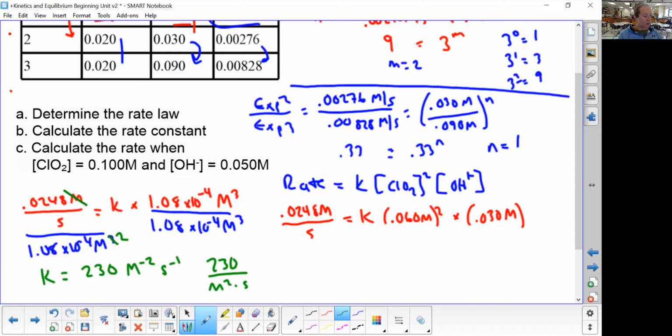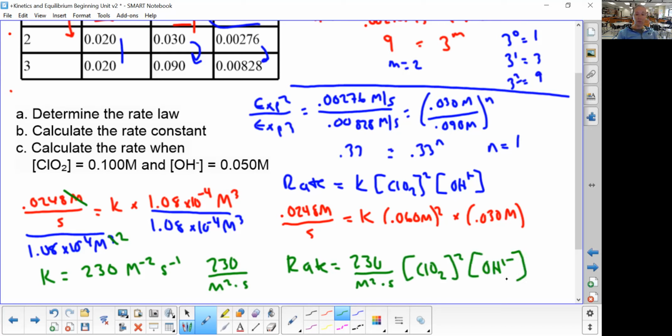So the full rate law, with the rate constant, is rate equals 230 over molarity squared seconds, times the chlorine dioxide squared and the hydroxide ion.